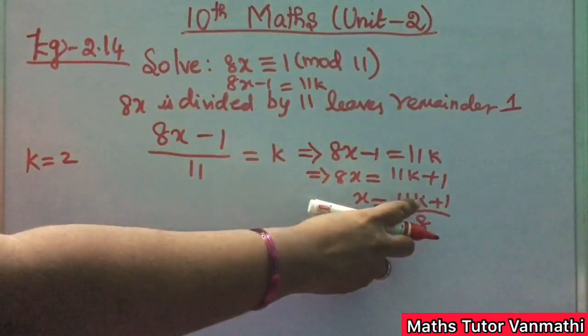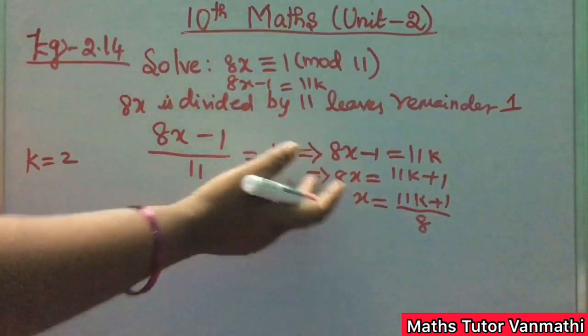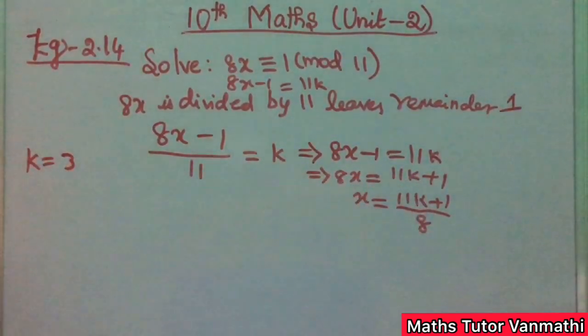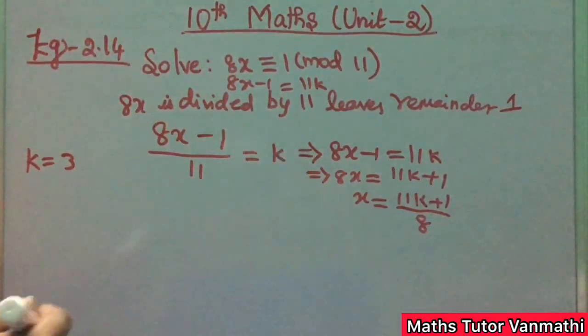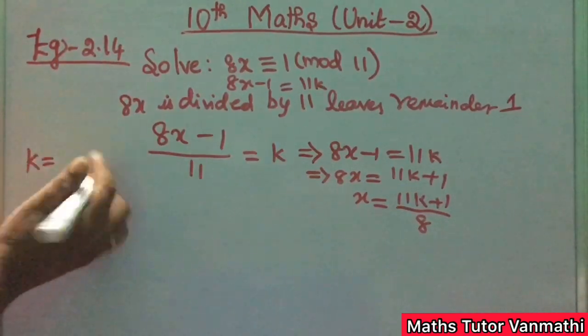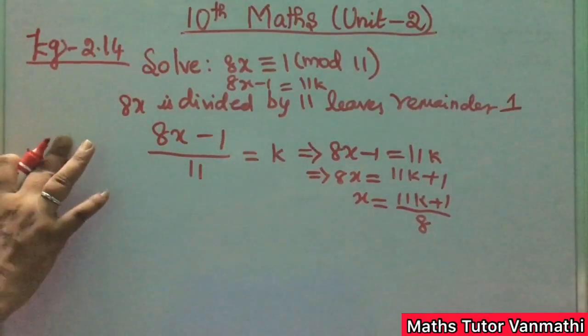Okay, 11 twos are 22. 22 plus 1, 23. 23 cannot be divided by 8. Next, put 3. 11 threes are 33. 33 plus 1, 34. 34 also cannot be divided by 8. Next, put 4. 11 fours are 44. 44 plus 1, 45. It ends with 5, so it cannot be divided by 8.